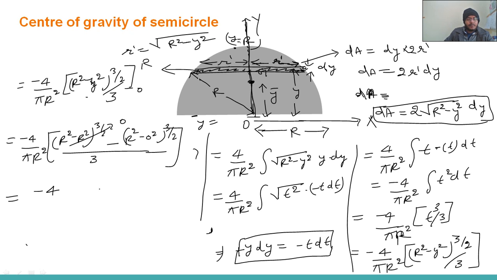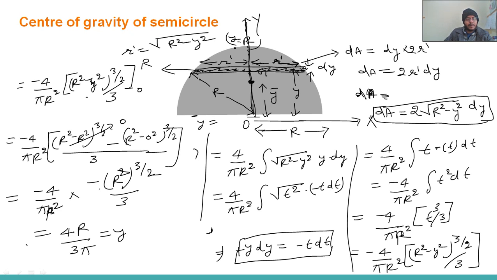So finally it becomes minus 4 divided by pi r square into minus 0 minus r square to the power 3 by 2 divided by 3. Minus minus would be plus 4. See here, r square will cancel, here r cube, so it will become 4r divided by 3 pi, that is y bar.